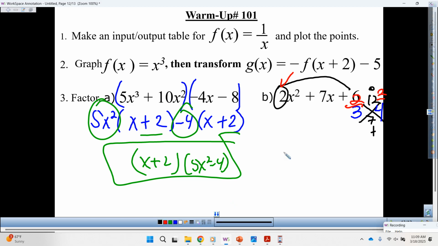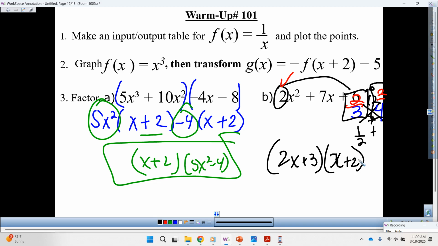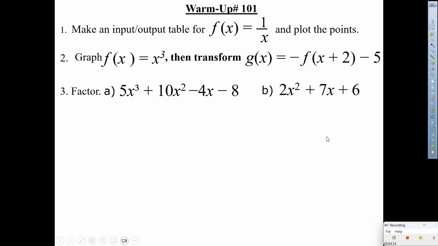Question. Can I simplify the 2/3 anymore? No, so that's 2x plus 3. Can I simplify 2 over 4? Yes, that's 1/2. Is that correct? So it's 1x plus 2. All right. Number 4.